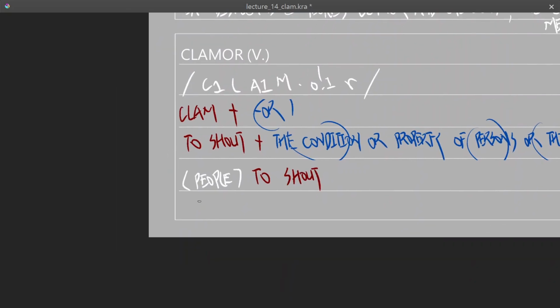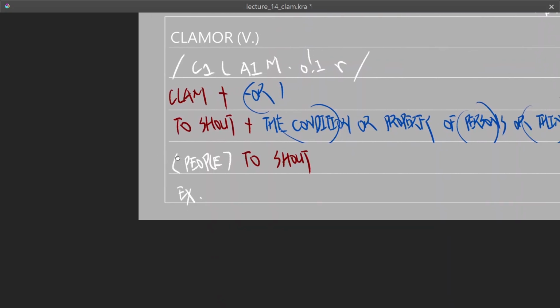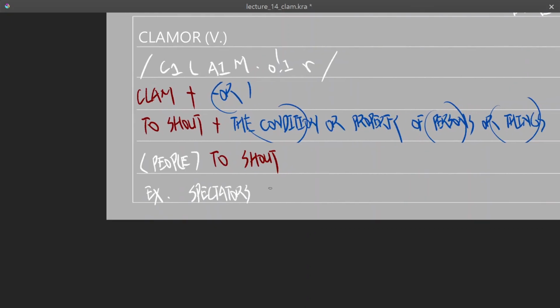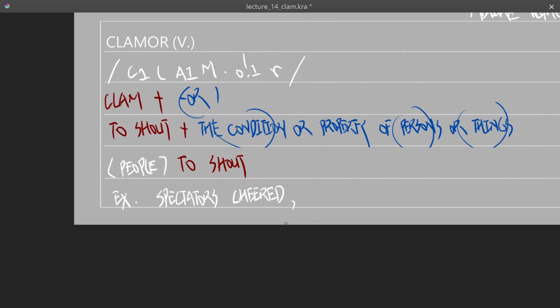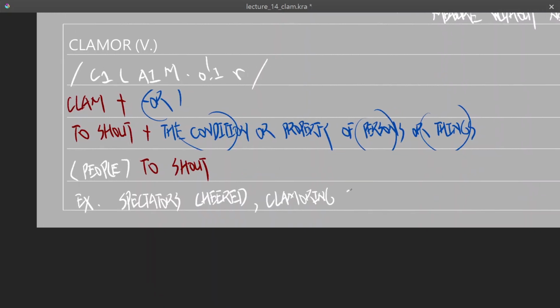So for example, let's say spectators cheered, clamoring for more.